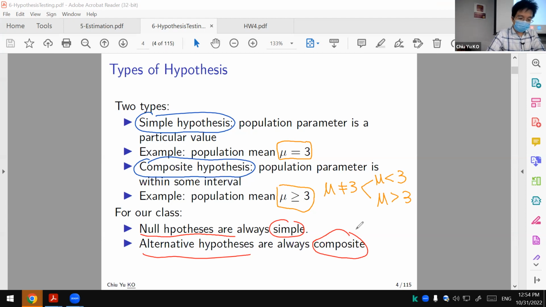That sometimes is possible, but if you look at textbooks, they are really complicated. So we focus on the simplest case: a simple null and a composite alternative, and that covers most applications in the real world. For business applications, you don't really need to worry. This is sufficient for our purpose.